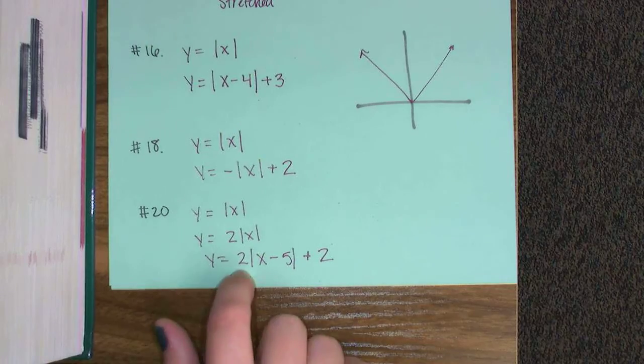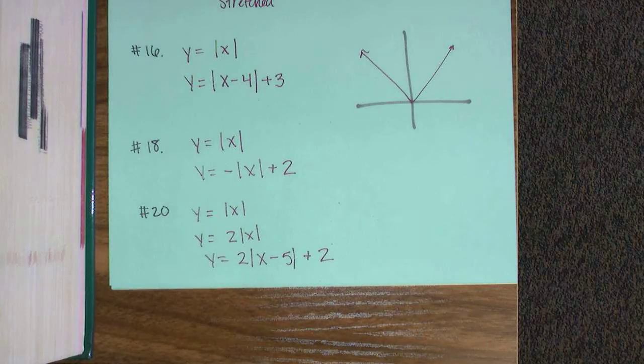For the slope, because it goes up 2 over 1. Or no, it's stretched. It's greater than 1.